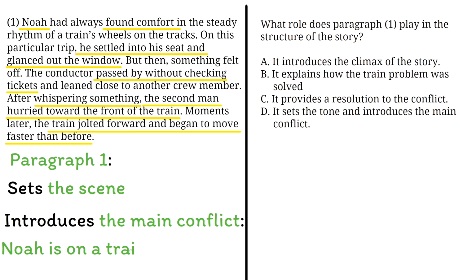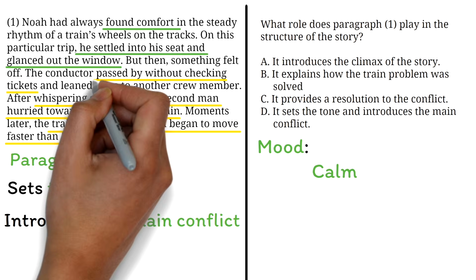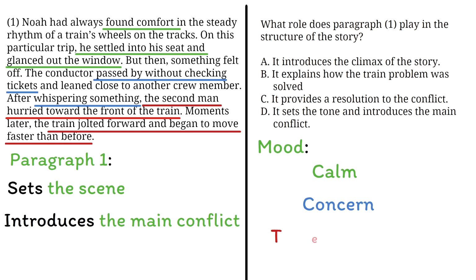Noah is on a train that begins acting dangerously. Notice how the mood on the train starts off calm, shifts to concern, and then builds to tension and fear. This change in mood throughout paragraph 1 follows the events and helps establish the story's central problem. Thus, when we look through the answer options, it's therefore option D. It sets the tone and introduces the main conflict.